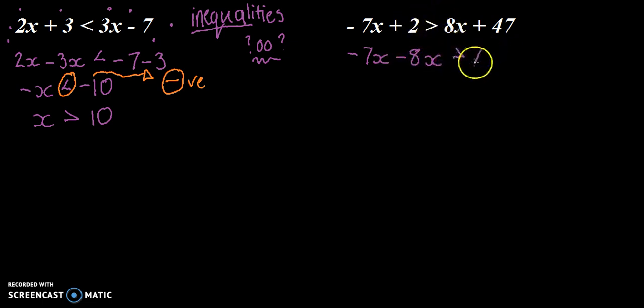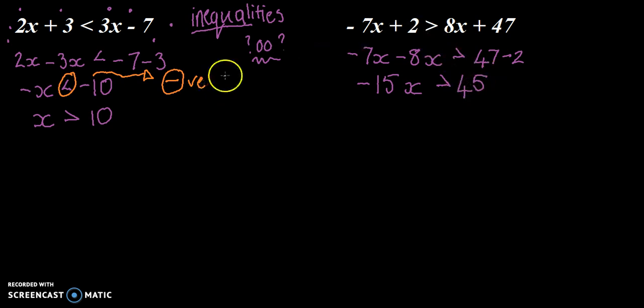Not such a great place, so let's move it over. Remember, we're not actually moving it. What we're doing is subtracting 2 from both sides, and then 2 minus 2 is 0. So it looks like 2 is moving to the other side, but there's some mathematics that's happened behind it. It's just easier to talk about things moving from one side to the other, which is why we use that terminology.